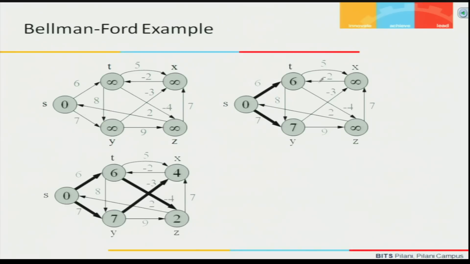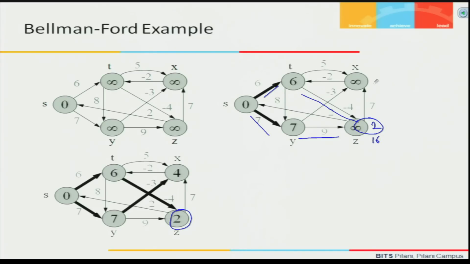We are trying to update d values for all vertices which are now at a distance 2 from the source. In this case, if you look at this path, this d value is 6 and this is minus 4. So, if you traverse this, the d value becomes 2. If you traverse this, the d value is 16. So, we update this to 2.